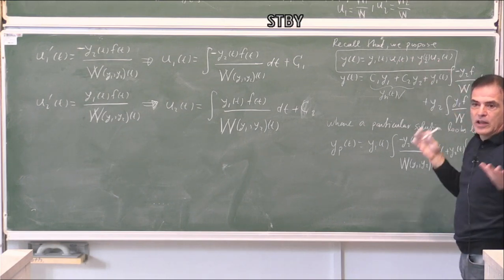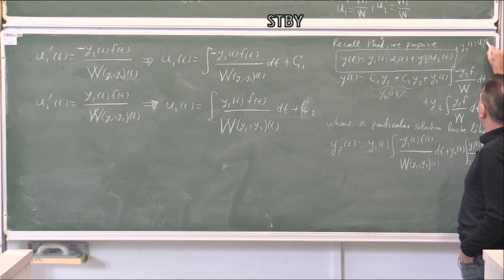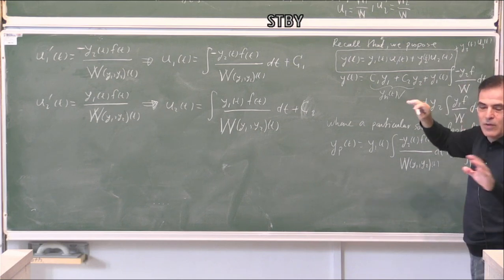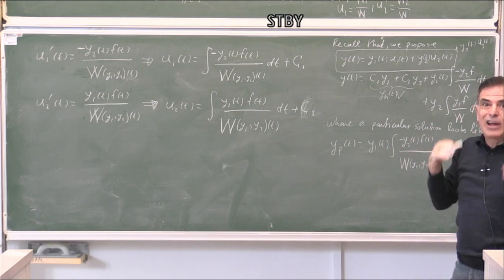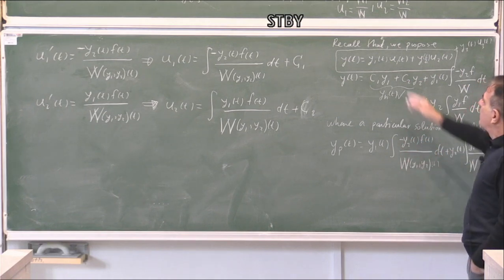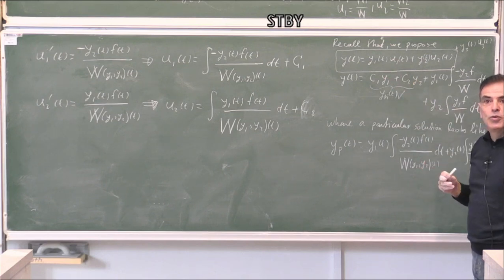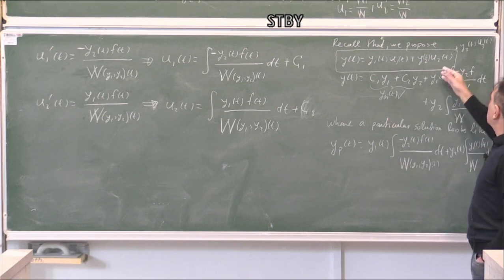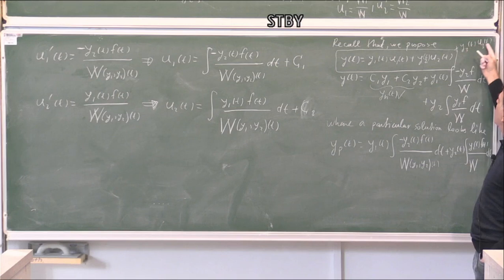And if you have an equation of order 3, add one more term, y3 of t times u3 of t. Okay? When you are dealing with a third order ODE instead of a second order ODE, the form of a particular solution we must propose may be extended in a straightforward manner, adding just this term, y3 u3.